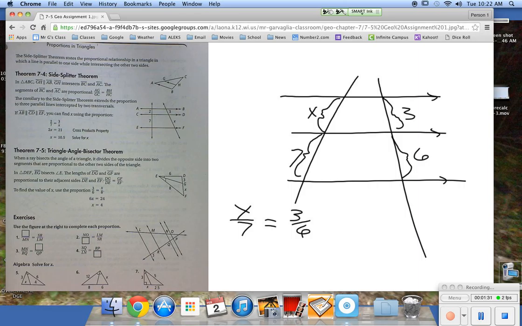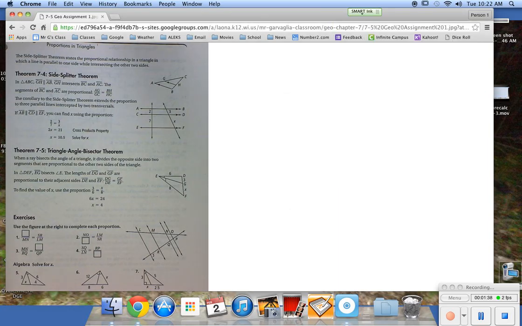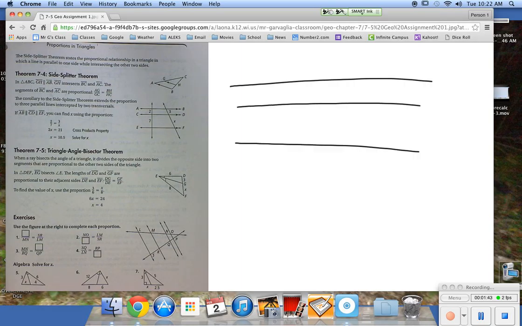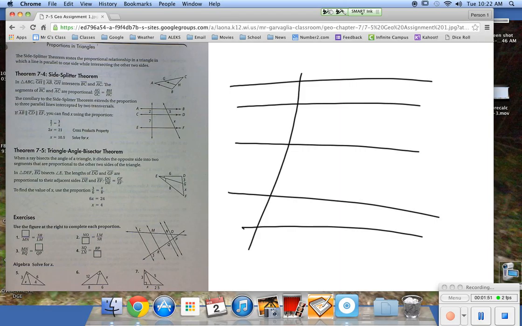If you can, and it doesn't matter, let's say I had a bunch of parallel lines here. I said all these lines were parallel. And if I drew a transversal through this here, this is proportional to, let's say that.